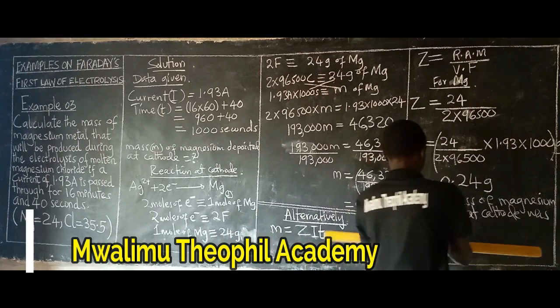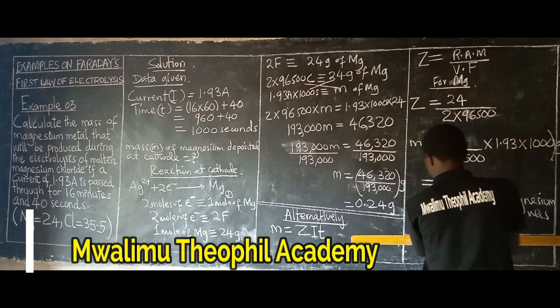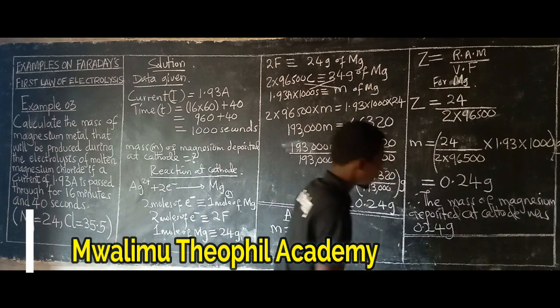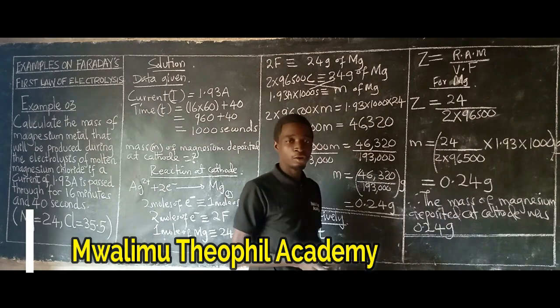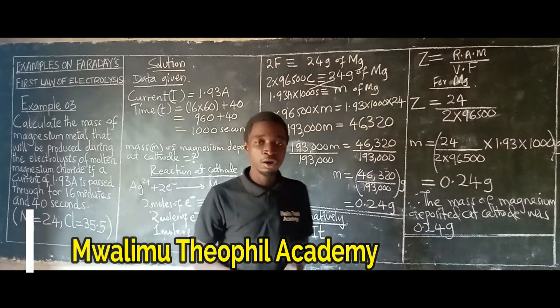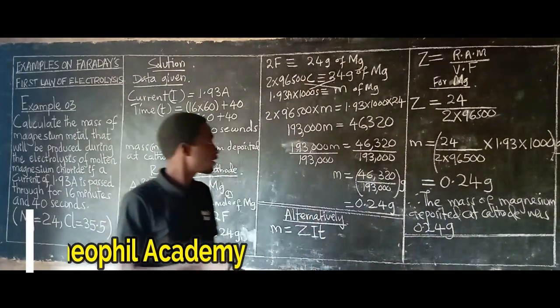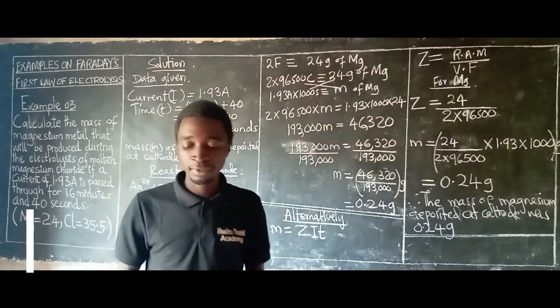This is the answer for this third example, and I hope your competence is increasing on the way to tackle different problems concerning Faraday's first law of electrolysis. Let us see a fourth example.